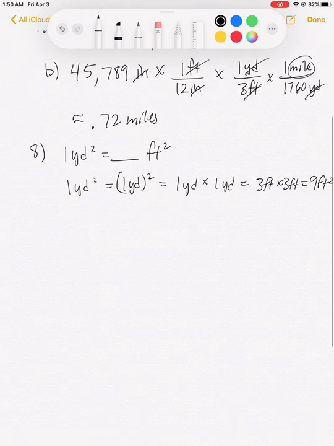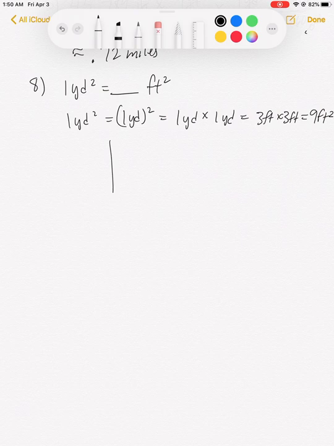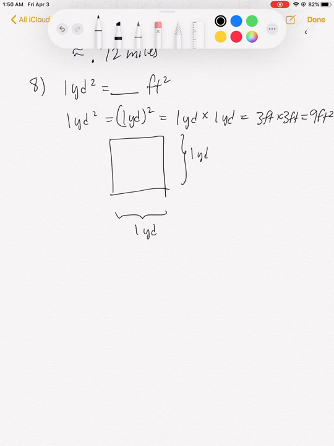And here is a little picture of it that we can draw. This is my square yard. This distance right here is 1 yard, and this distance right here is 1 yard. I can divide each of these distances of yards into feet. From beginning to end, I'm going to divide it up into 3 feet.